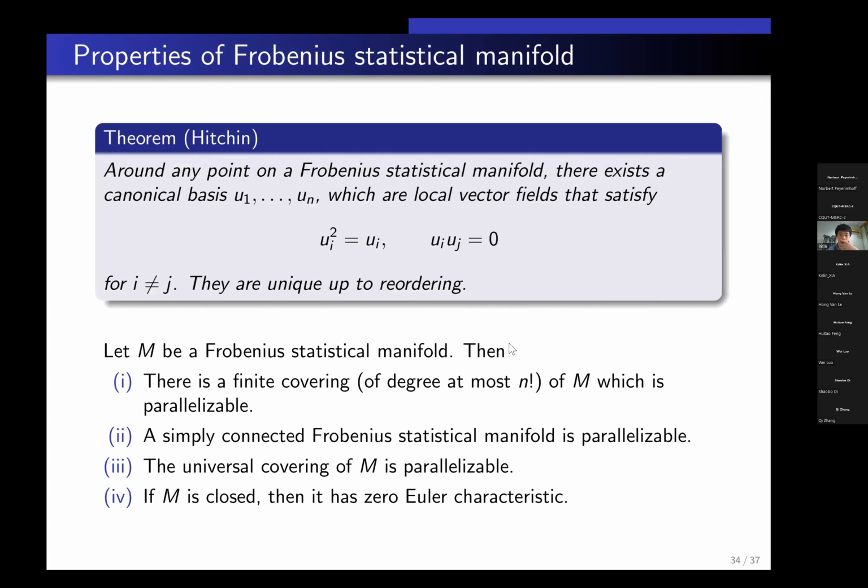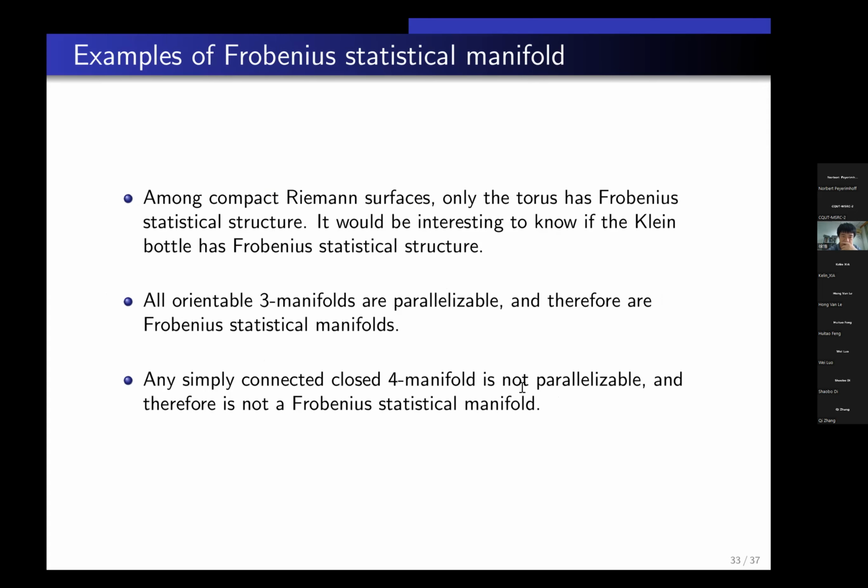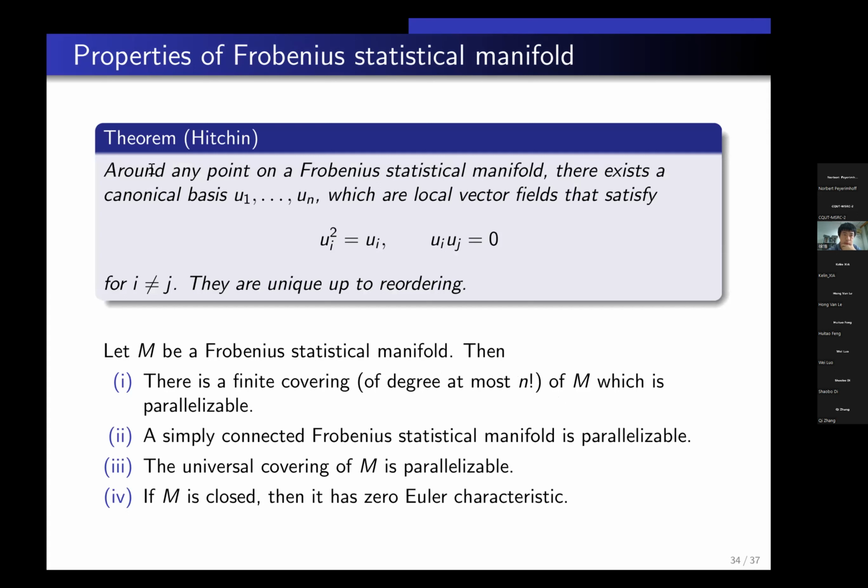So I will explain the third point later. For the Frobenius statistical manifold, maybe it is better called the Hitchin manifold, because Hitchin was the first to study the following situation. He only considered the manifold with a Frobenius structure, but did not assume flatness of the metric, and then he proved the existence of the canonical basis.